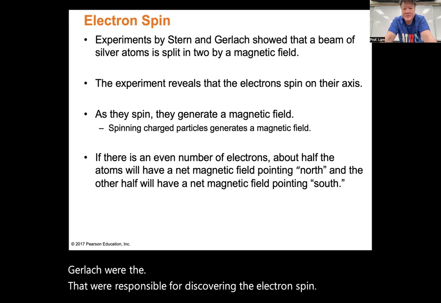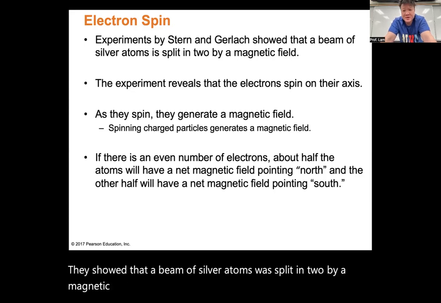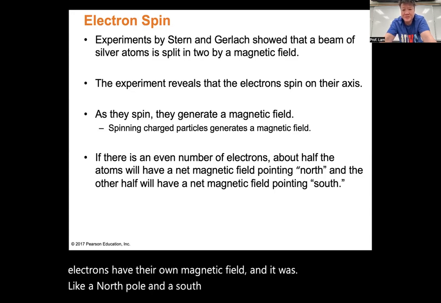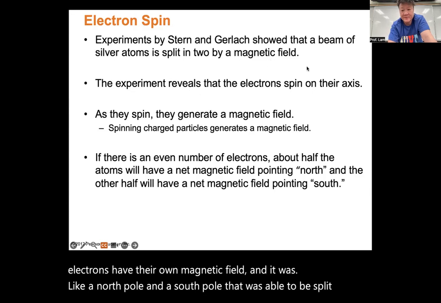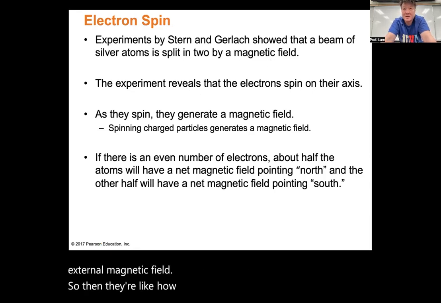They showed that a beam of silver atoms was split in two by a magnetic field. And so that must mean that the electrons have their own magnetic field, like a north pole and a south pole that was able to be split by an external magnetic field. So then they're like, well, how does an electron have a magnetic field?